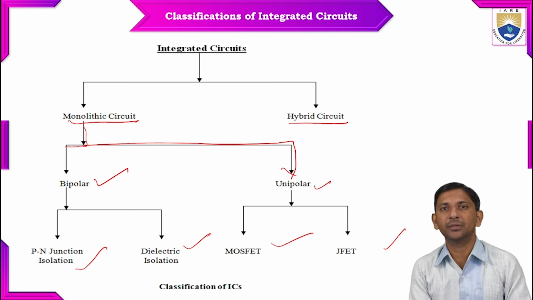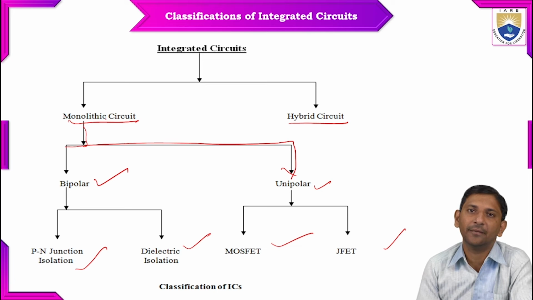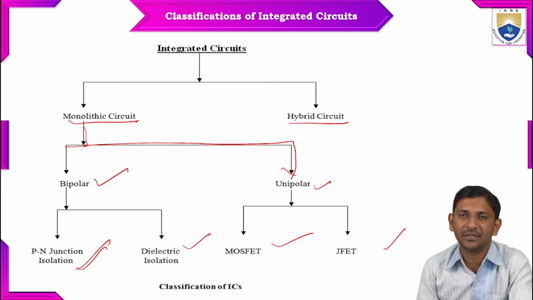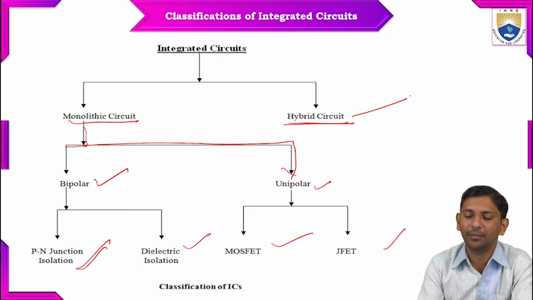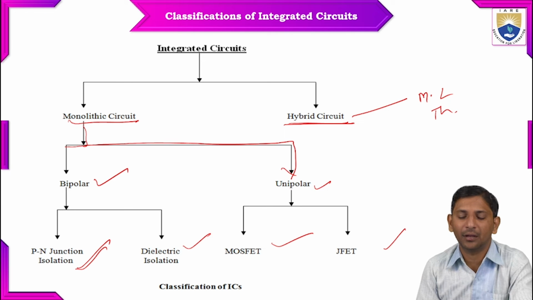We use these to design monolithic circuits, where related circuits can be dumped into a single chip, which is a monolithic IC. And the hybrid type is a combination of monolithic circuits and thin and thick film based ICs, combined together to design these hybrid circuits.